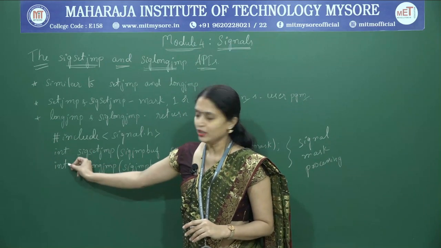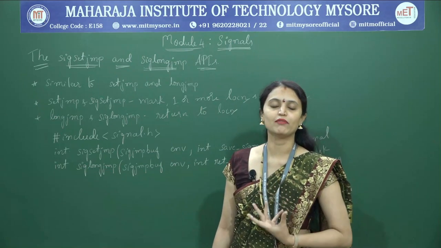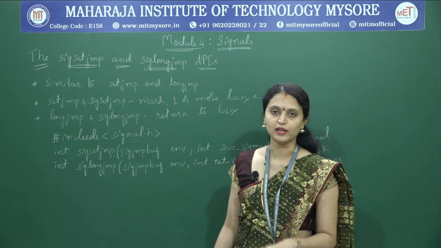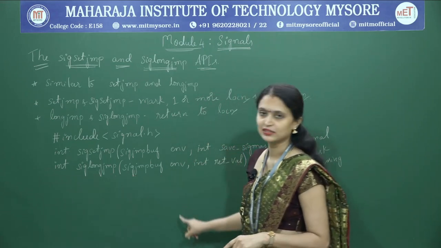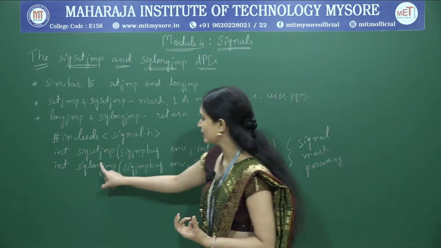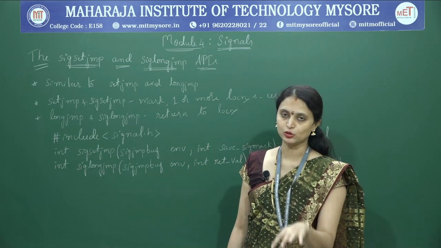Integer means it returns the corresponding value where the setjmp has been marked. Similarly for longjmp, if this is executed successfully, it returns the value where the corresponding setjmp value was returned, that means restored.